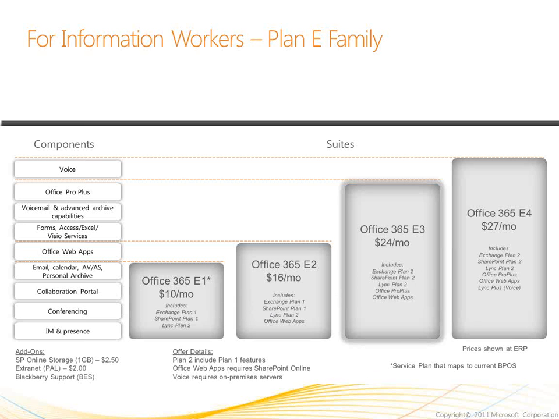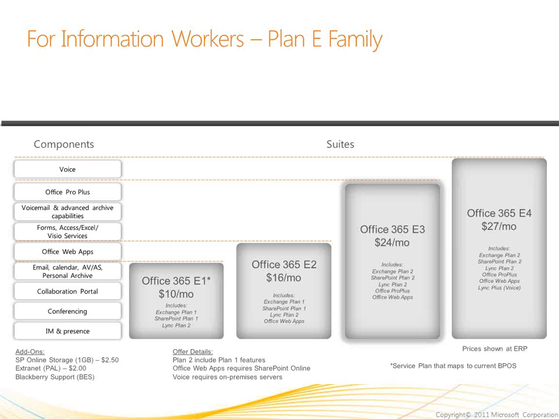So for example, Exchange Plan 2 supports, beyond the 25 gig of storage, an unlimited archive for each user, where we could do legal hold and compliance-based protection for the mailboxes. Exchange Plan 1 in E1 and E2 just gives you the straight 25 gig, and users could set up a personal archive, but it uses their 25 gig.